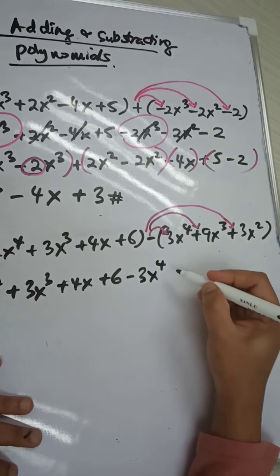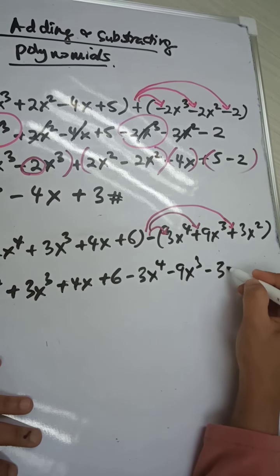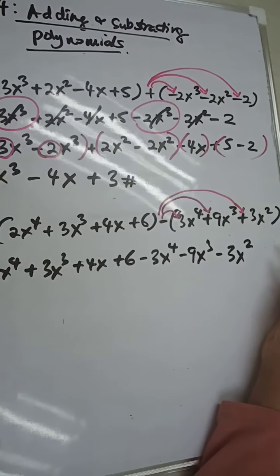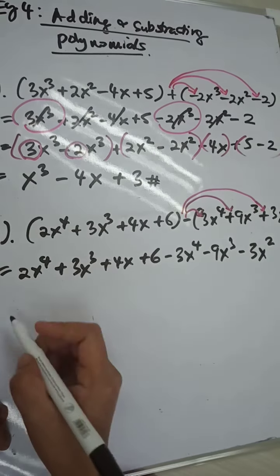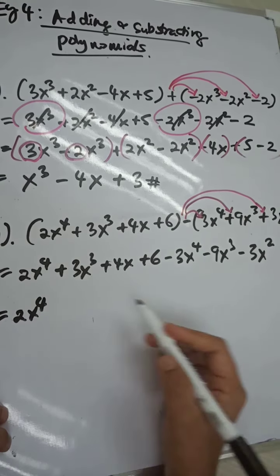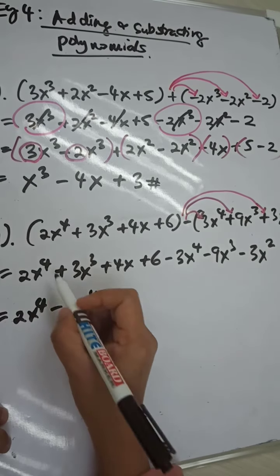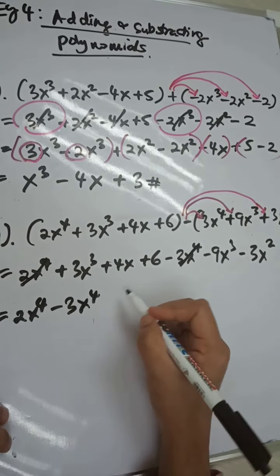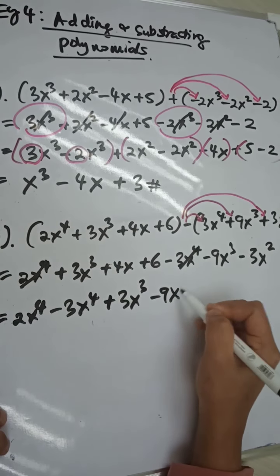Negative multiply positive, we have negative 9x cubed, negative 3x squared. This is the first step. Second, remember, you have to find the similar degree. Let's say we have x power 4 minus 3x power 4. Then plus 3x cubed minus 9x cubed.